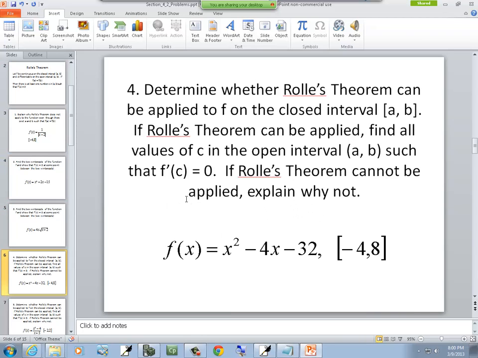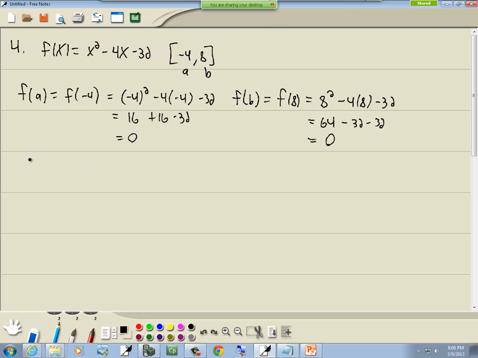Well, let's see what else they say. If Rolle's theorem can be applied, find all values of c in the open interval AB such that f prime of c is equal to 0. So what that's saying for Rolle's theorem, step 1 says find the derivative.